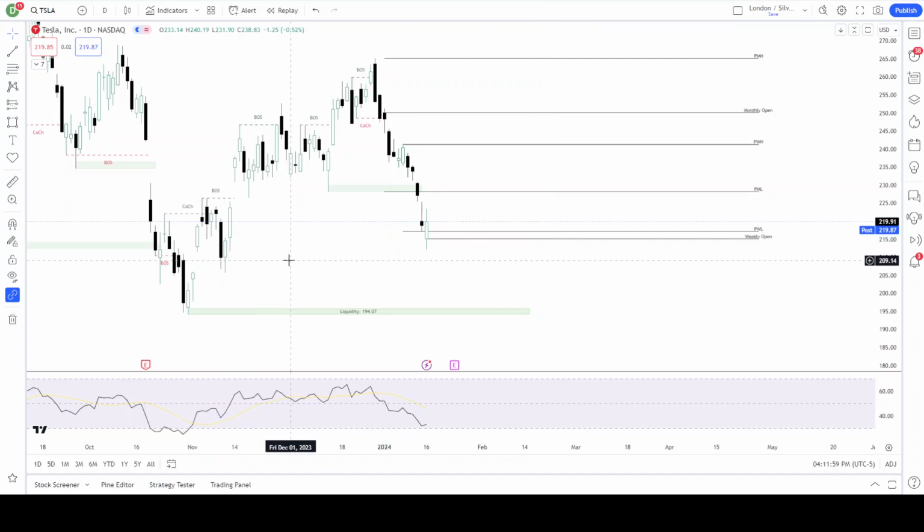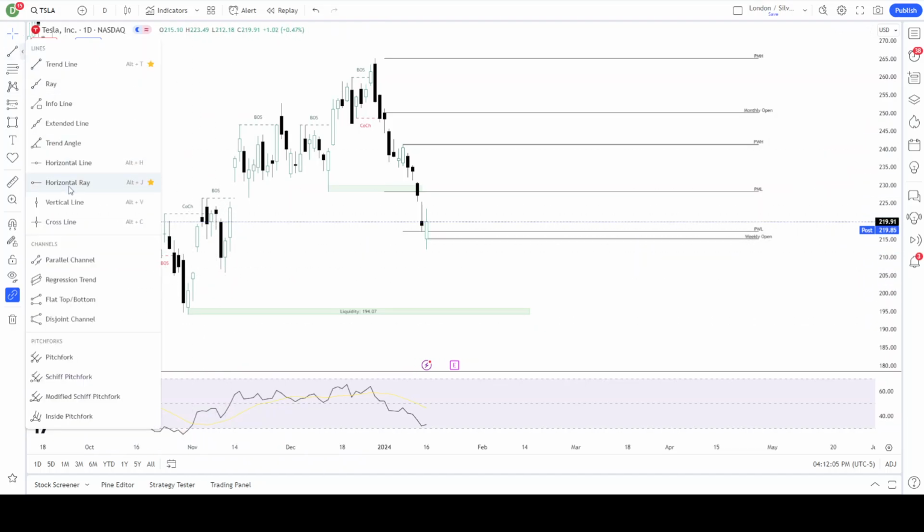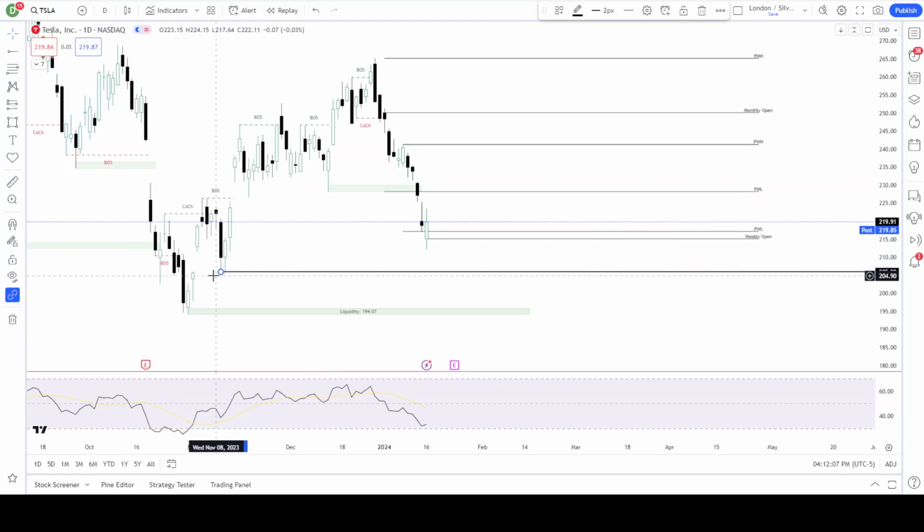Also, we have taken a lot of the internal liquidity. We're inside this order block. We do have this level, if you will, at the base of the order block, basically in the wick low there, which is 205.99. We'll just call it 206 for a round number. And then you have the liquidity that rests all the way down in the low here.